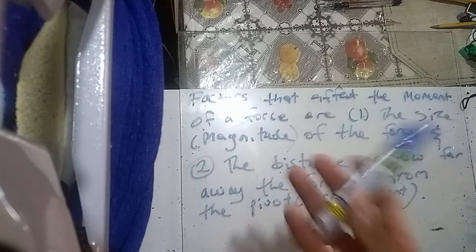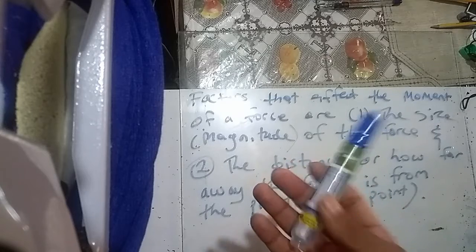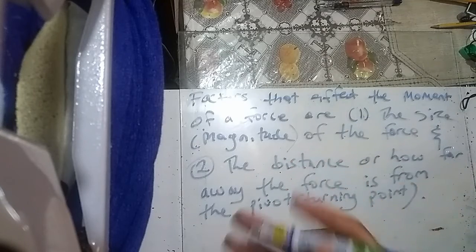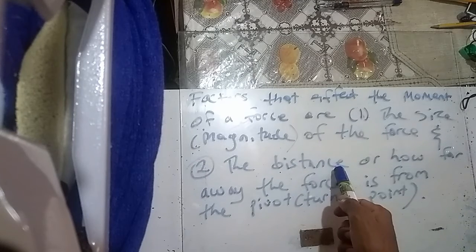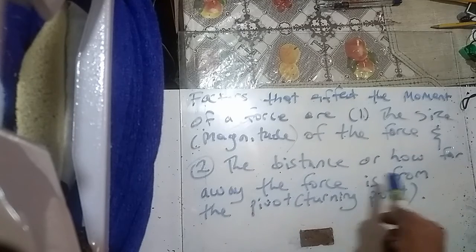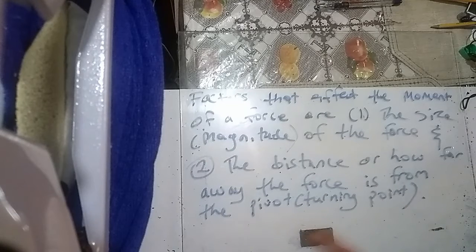That quantity affects the moment of the force. And secondly, the distance, or how far away the force is from the pivot, which is also the turning point. Okay, so two things. The factors that affect the moment of a force are one, the size of the force, and also the distance, how far the force is away. And you will see this coming out in the calculations, right?